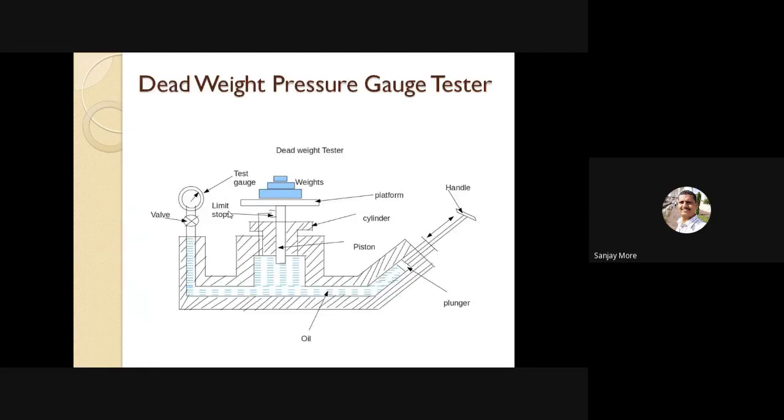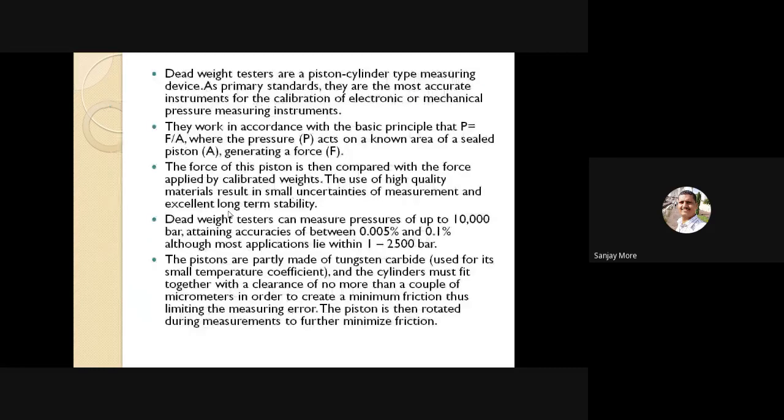Here, see the description. DWT testers are a piston cylinder type measuring device, a primary standard.